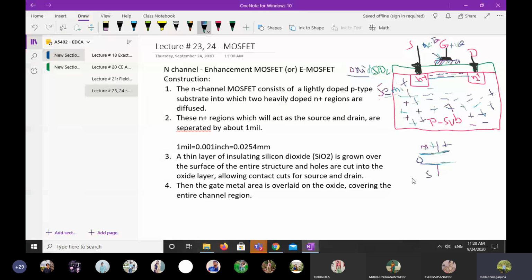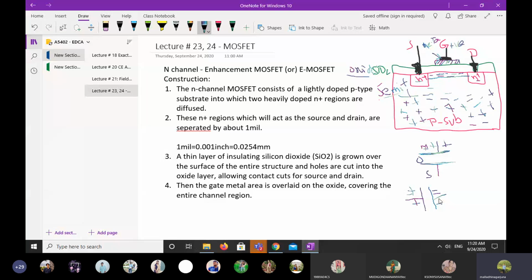So if you take parallel plates here, and if you apply positive here, it will induce the opposite polarity, so this will be negative. If you apply the positive here, then it will release the negative here. We call this the inversion layer. Inversion layer means you are giving positive but you are getting negative.